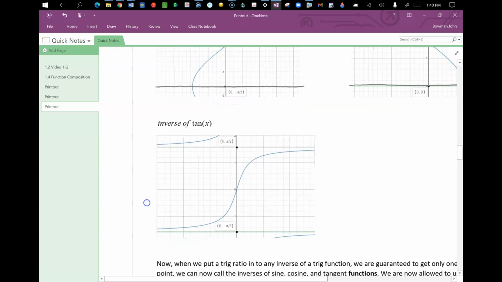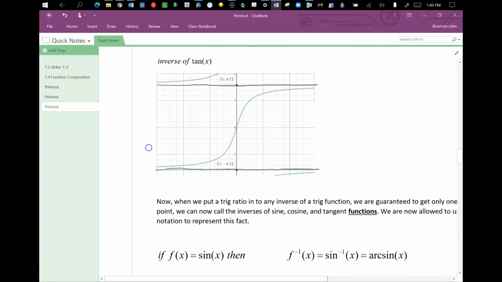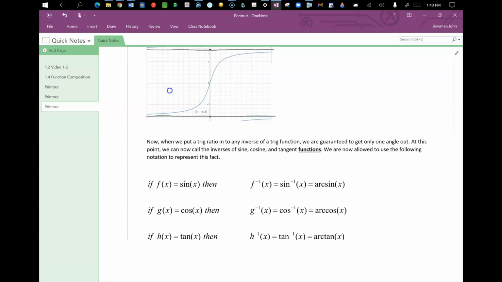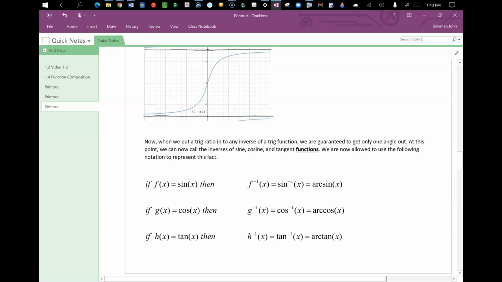And for the tangent, the restrictions are from negative pi over 2 to positive pi over 2, and then we can call that a function as well. So if we make those restrictions, then we can legitimately call these inverses functions.